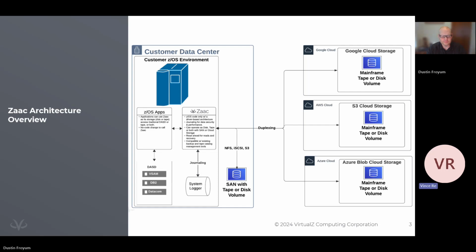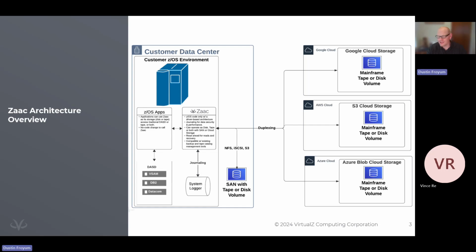So I could have one z/OS LPAR where I have one Zaac connection going to an on-prem iSCSI device, another Zaac virtual volume configured to talk somewhere in the Amazon cloud, another one configured to talk to Azure. Whatever combination makes sense to me is what I can do there. So mix and match as you see fit.